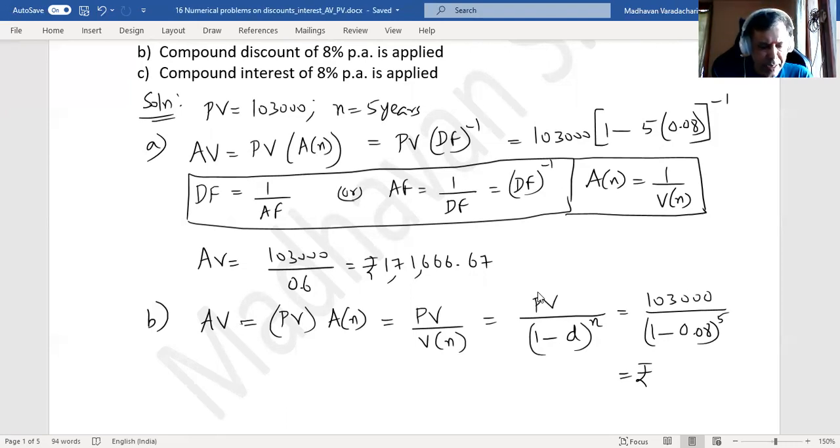Denominator is 0.92 to the power of 5. We get 156,278.09. That will be the accumulated value.